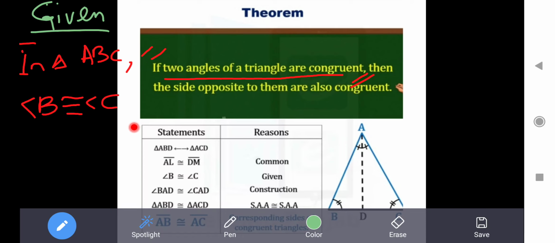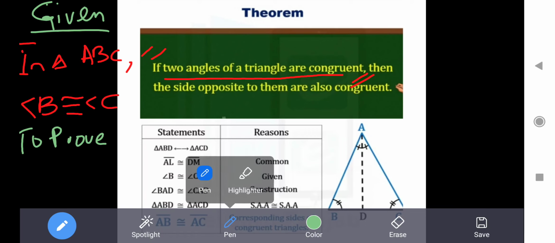When we were doing the previous theorem, I told you that after this, the part "then the sides opposite to them are also congruent" should be written under the heading of to prove. So I am writing over here, to prove. AB is congruent to AC.